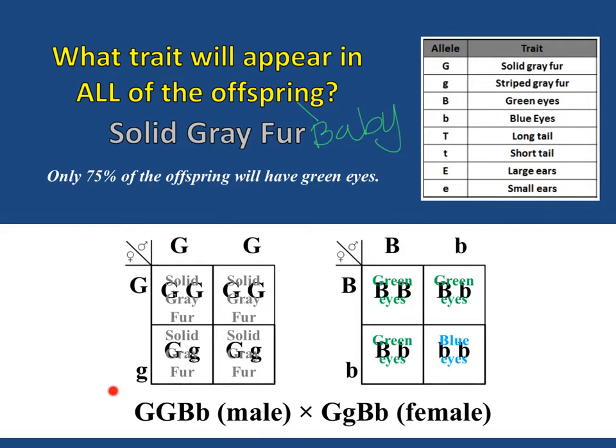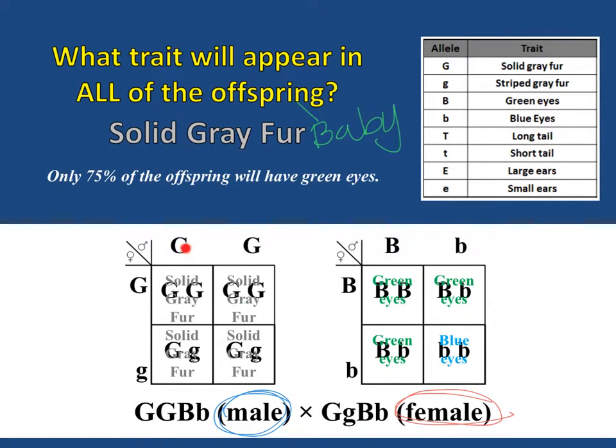So in this box is all the G's, and in this box are all the B's. If you look down here, dad, which is the male, has big G, and big B, little b. As for the mom, which is the female, she has big G, big B, little b.